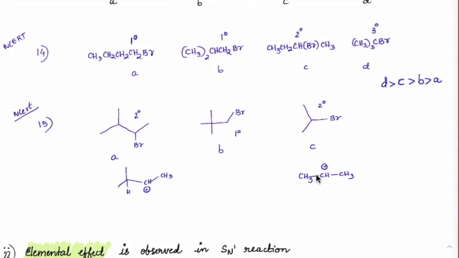So here it will have only 4 hyperconjugations, and that might be the impact which is causing the rate. So C would be better than A than B. Note these two cases as experimental cases. It would be better if you just remember it directly.